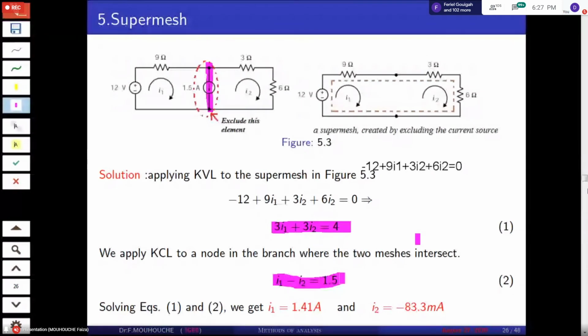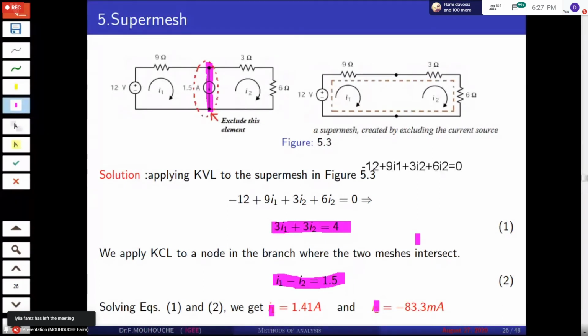Here you can solve it directly by using the coefficient variable. You can multiply by 3 and delete I2, and we will get I1 and I2. So when the current source is located in the intersection between the two meshes, we must apply the super mesh method.